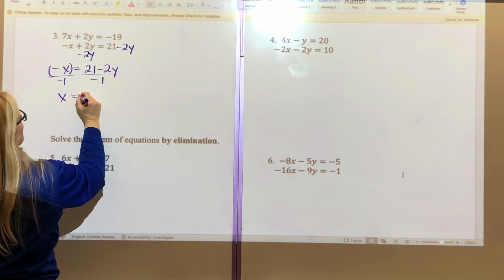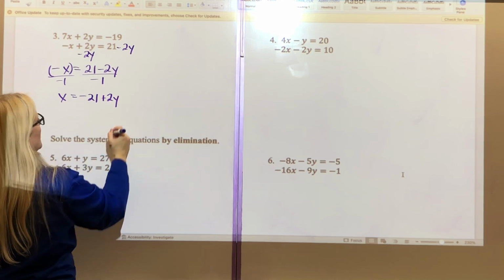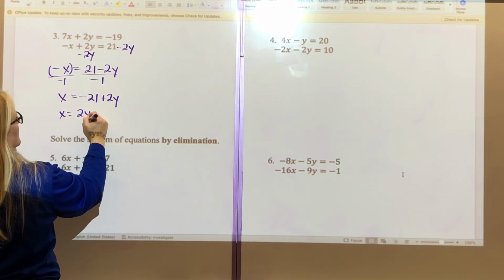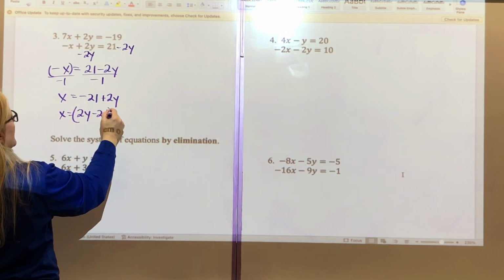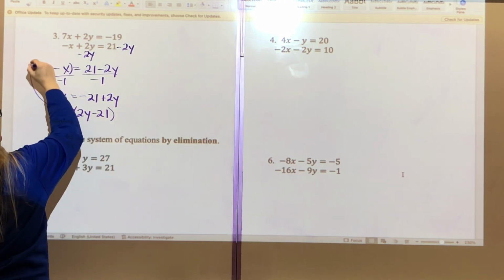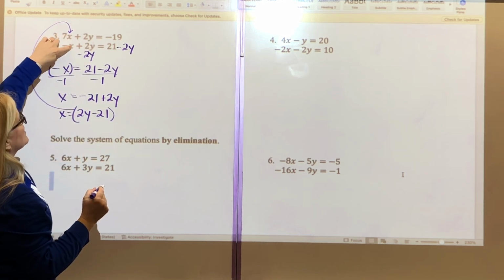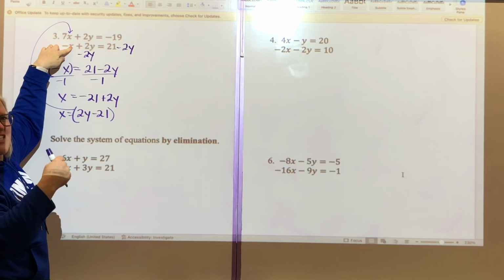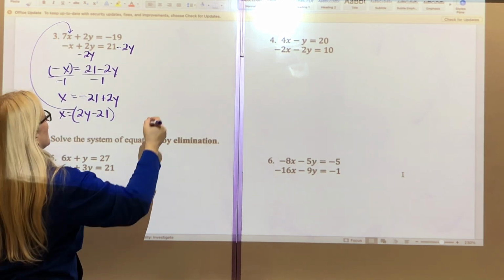I get x equals negative 21 plus 2y, and you could write this as 2y minus 21. Now this is going to go in for that x, because if I put it into here, it's just putting it into its own equation. It doesn't make any sense. So we're going to put it into here.